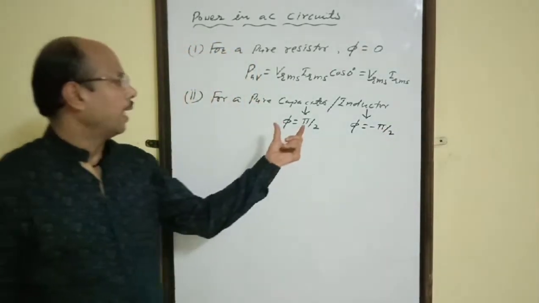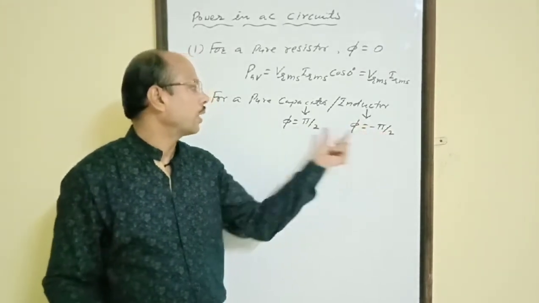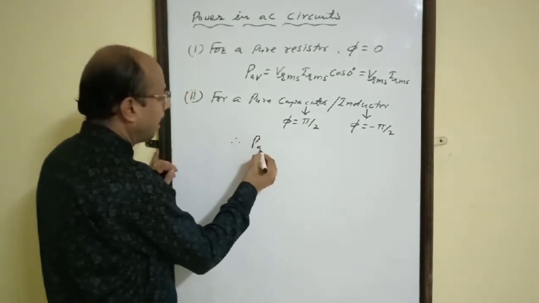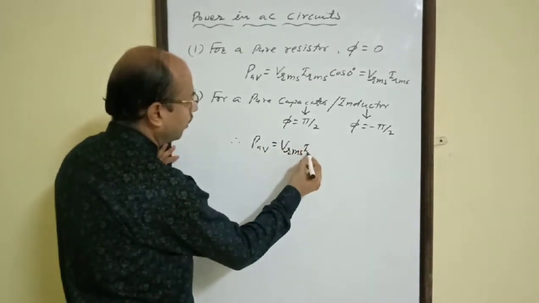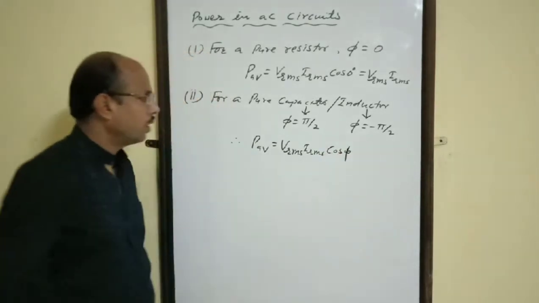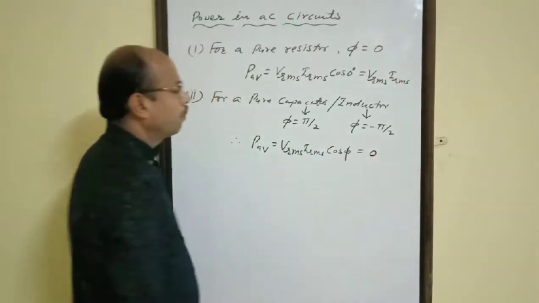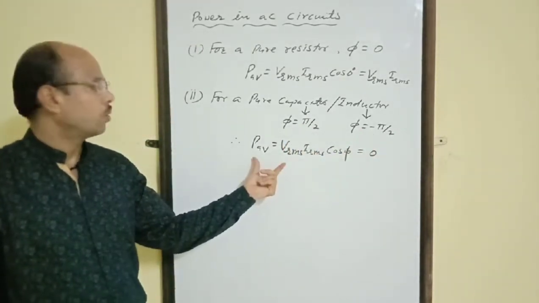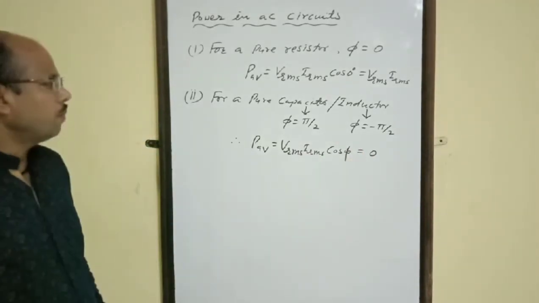Whether we write cos pi by 2 or cos minus pi by 2, in both cases the value of cos phi will be 0. Therefore, P average equals V RMS I RMS cos phi, which becomes 0. The final answer becomes 0.